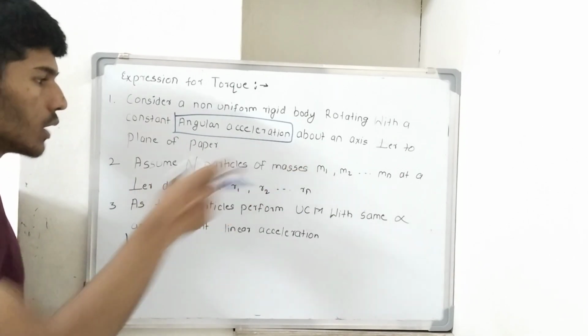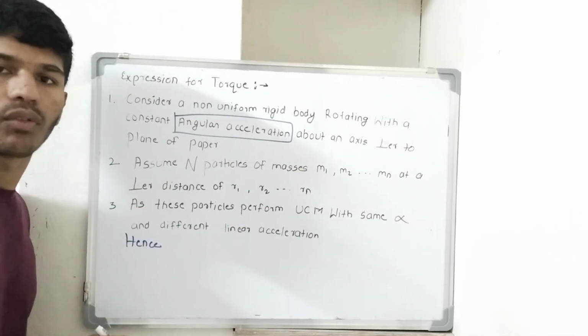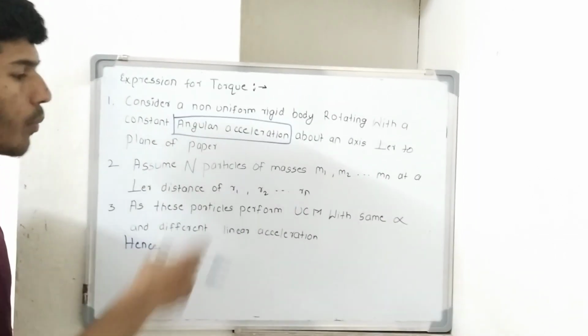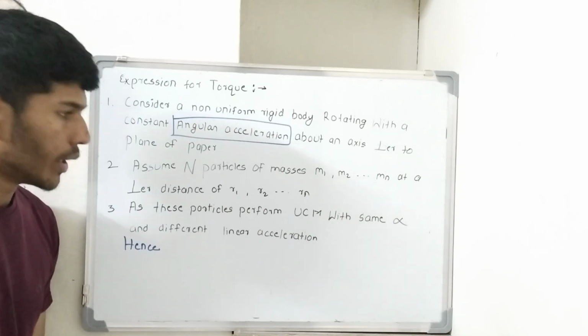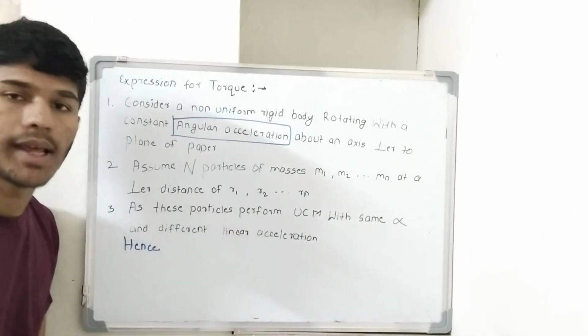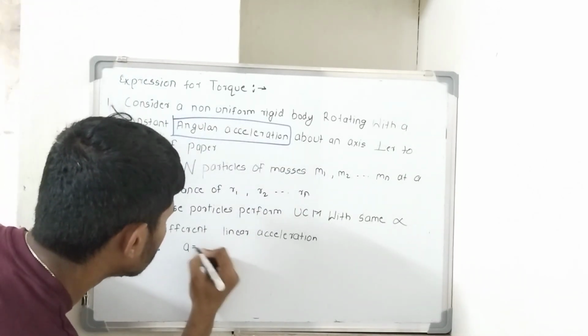So assume n particles of masses m1, m2, m3 till mn at perpendicular distances of r1, r2, r3 till rn. These particles perform UCM with the same alpha, that is the same angular acceleration, and different linear acceleration. So we know that a is equal to r alpha.